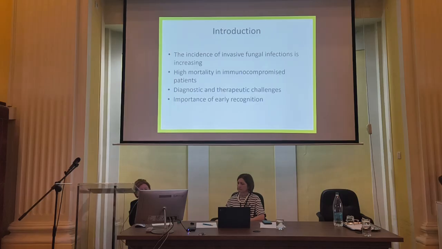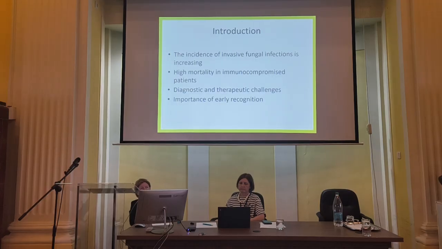One of the major problems is that fungal lung infections are difficult to diagnose because symptoms are often non-specific. They can resemble other bacterial or viral infections, such as viral pneumonia, and treatment can also be challenging due to delayed diagnosis, antifungal resistance, or drug toxicity.